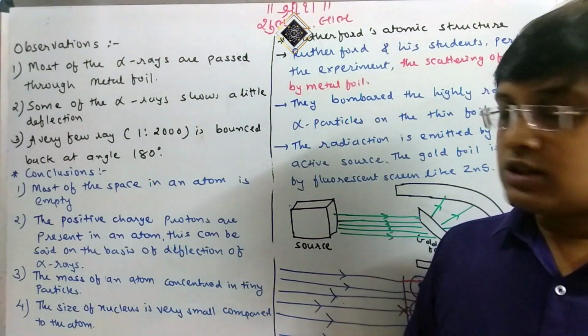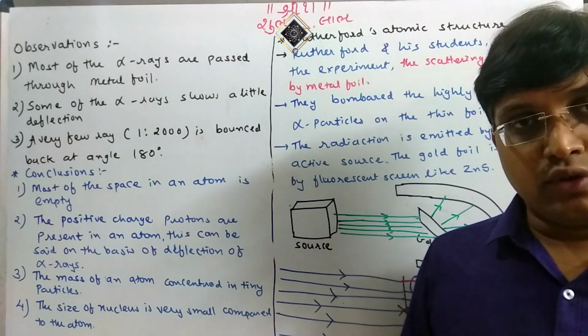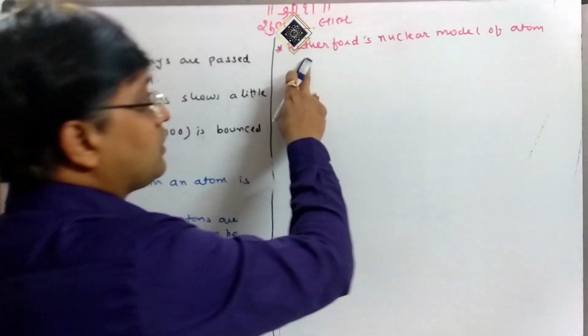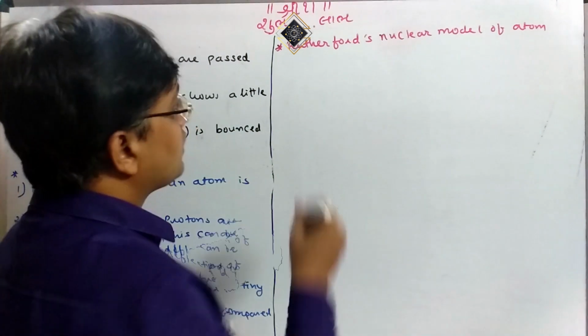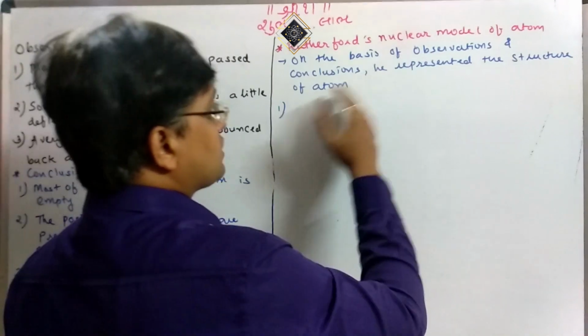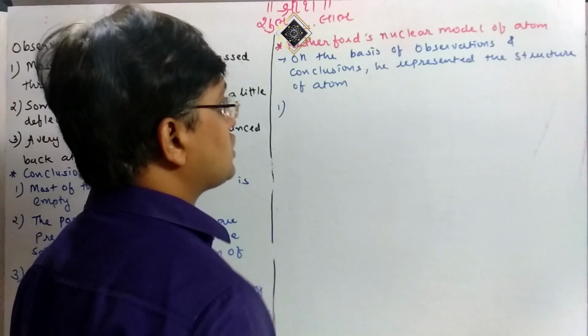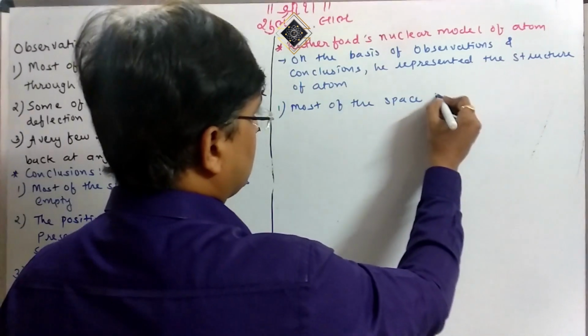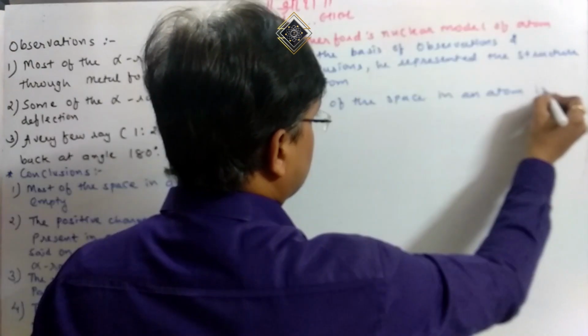On the basis of these observations and conclusions, Rutherford represented the structure of the atom. Rutherford's nuclear model of the atom. The first point: space in the atom is empty.